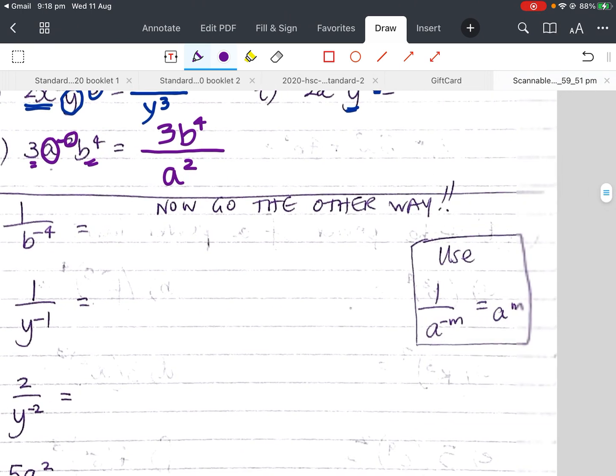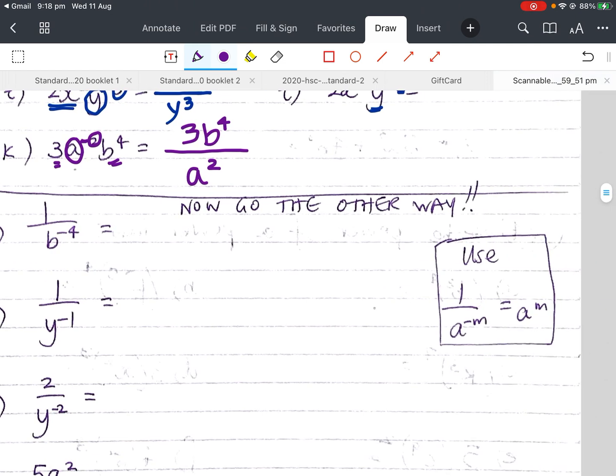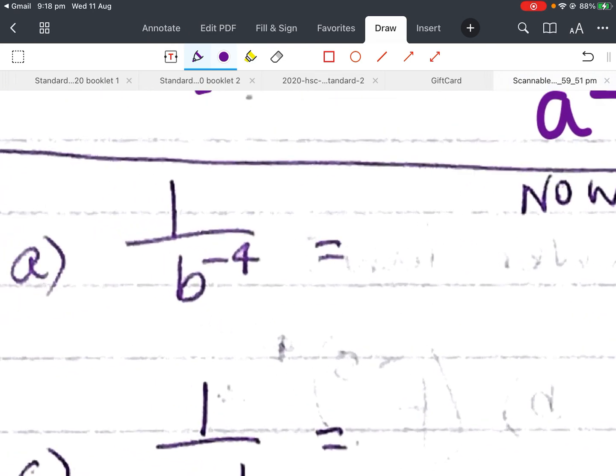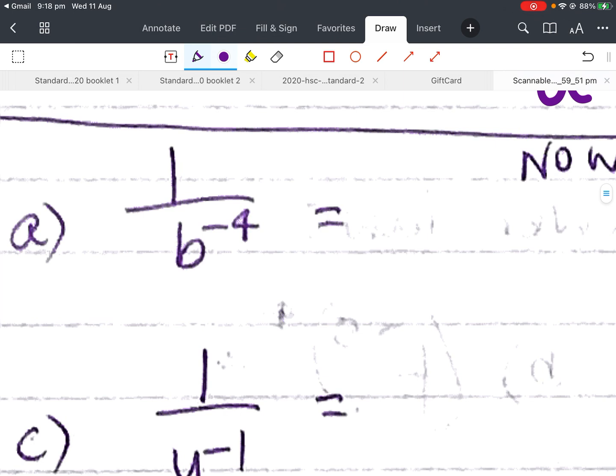6a says, now we want to go the other way. So they've got this here. It might be able to help you. Okay, so now we're going from 1 over a to the negative m, and we're going to change it into a positive integer. Okay, this one's a little tricky, isn't it? So what we're going to do here is 1 over b to the negative 4.